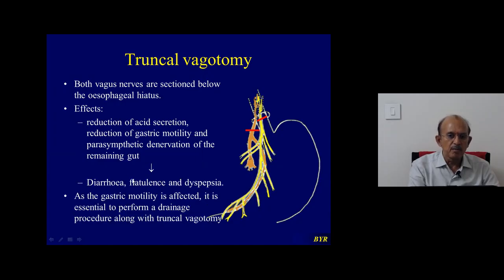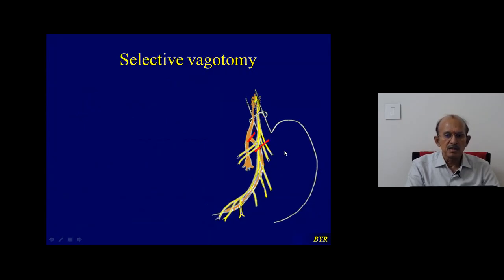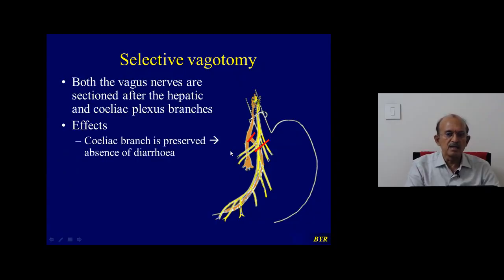Post-operative diarrhea will be there, and because gastric motility is affected, the patient needs a drainage operation like gastrojejunostomy and pyloroplasty. So this is truncal vagotomy. Selective vagotomy means the branches which go to the stomach only are cut. That means the nerve of Latarjet is cut. The branches that go to the celiac plexus are preserved. So the post-vagotomy diarrhea is absent in this case, but the patient needs a drainage operation because the stomach becomes atonic.